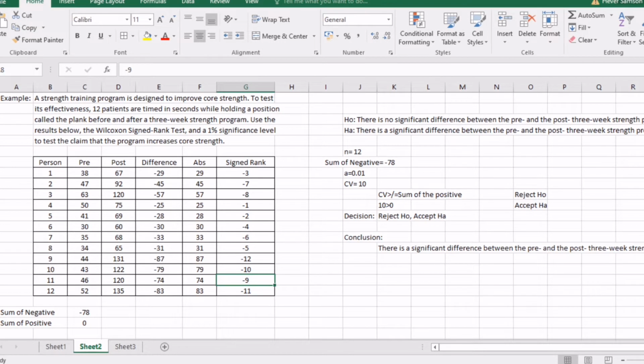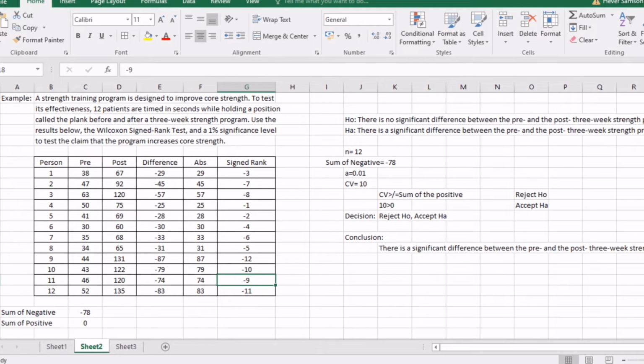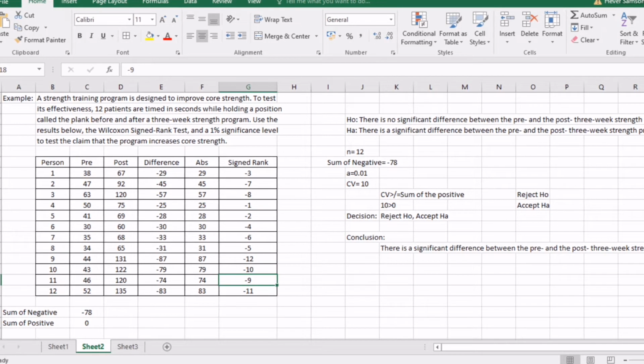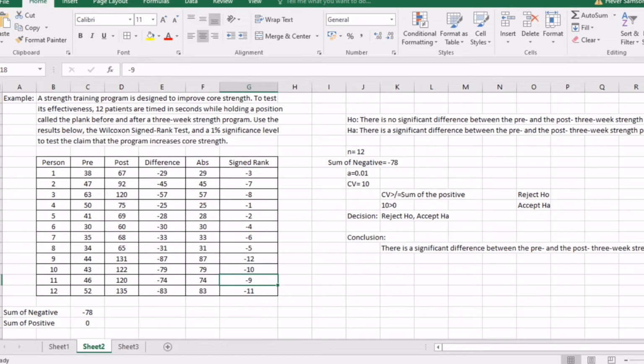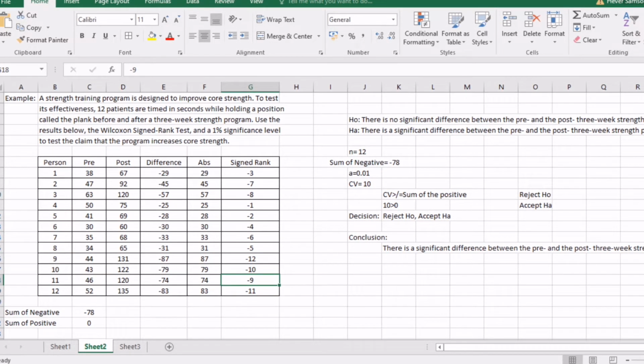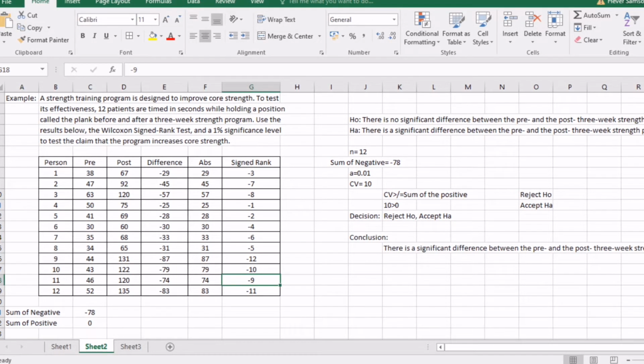For the alternative hypothesis, there is a significant difference between the pre and the post 3-week strength program. Again, the null hypothesis says there is no significant difference, while the alternative says there is a significant difference.